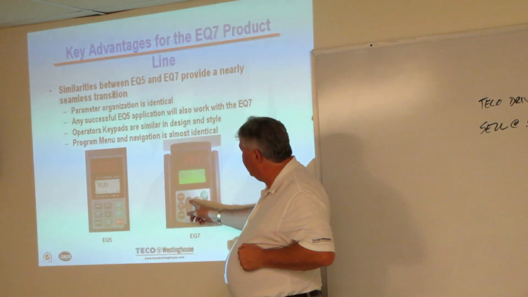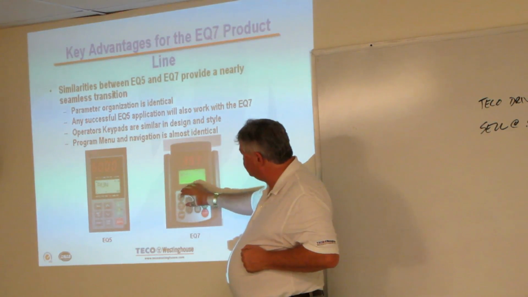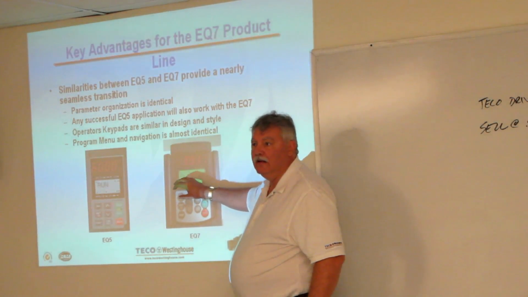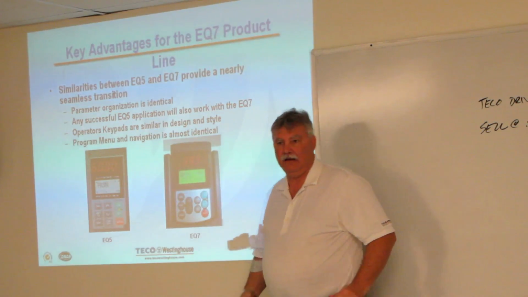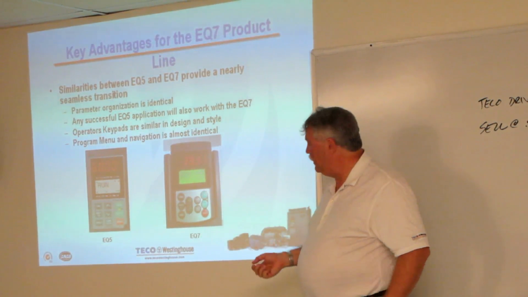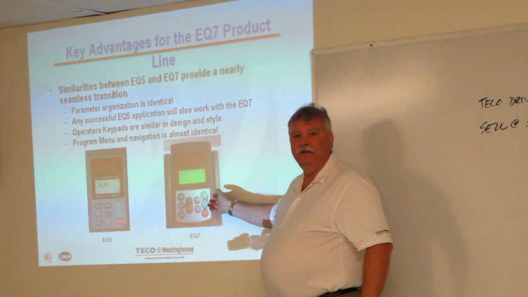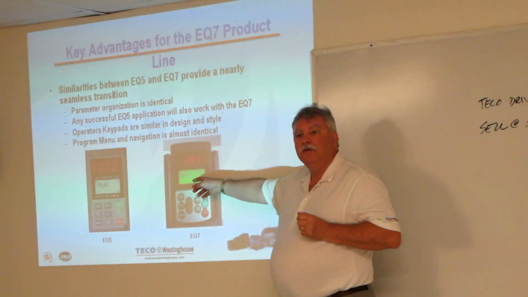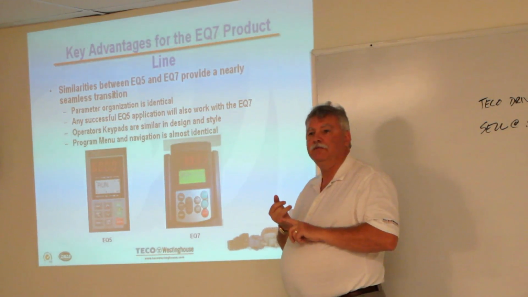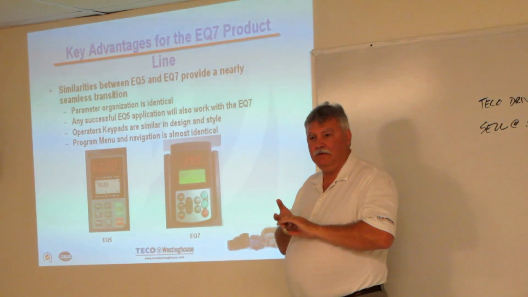The differences are that this one, first of all, can store a little more in the way of diagnostics. There's some diagnostics menus, there's some monitoring menus. They put in more features here, more monitoring. There's a monitoring menu that will show you the output frequency, the output current, the output voltage.